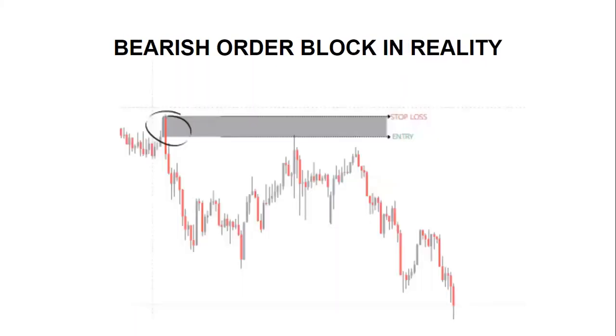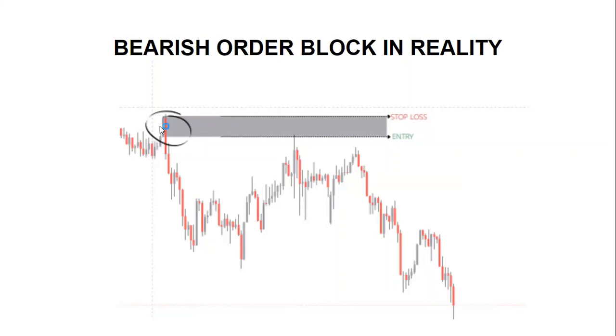Now let's go to the reality. Let's start from here, the place I circled. You see that this is a buy-to-sell candle. This buy candle, you are going to mark out the body in a rectangular form. You stretch it just as I've done here.